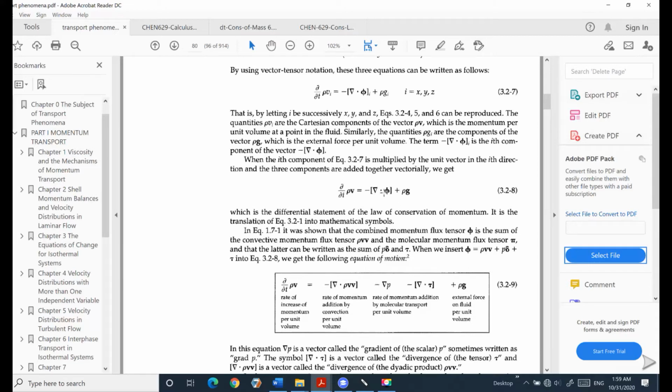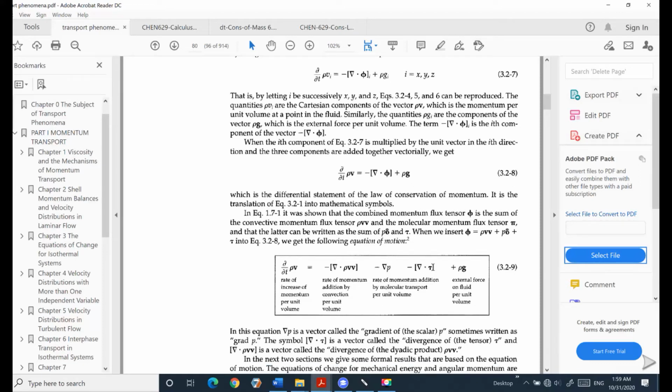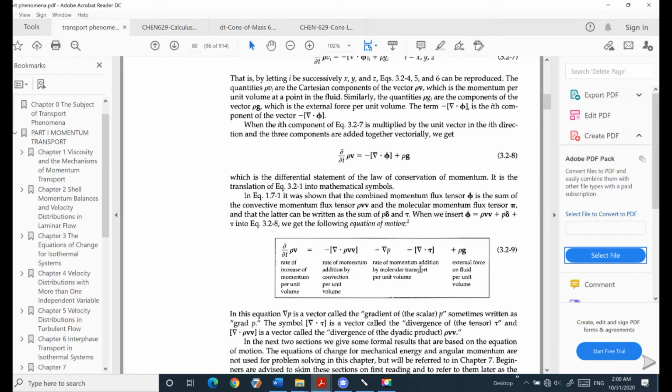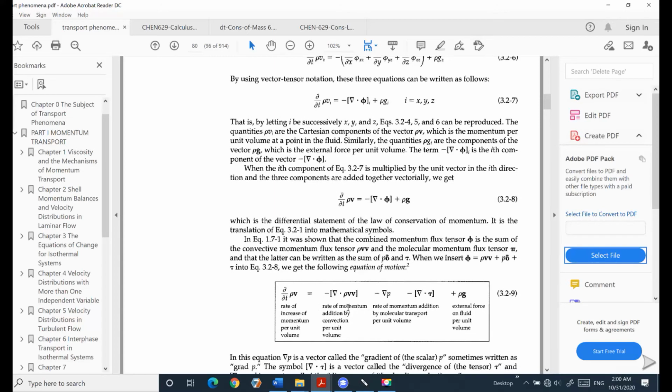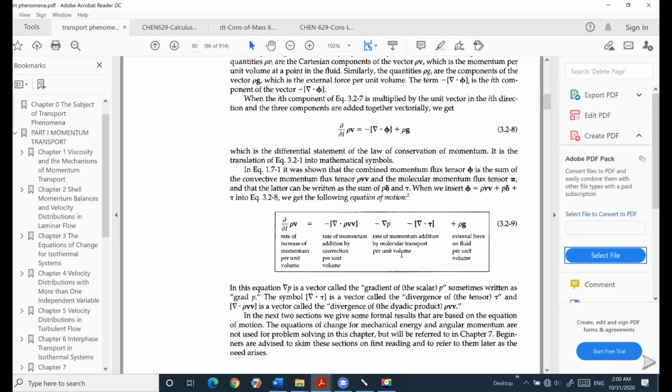Rate of increase of momentum per unit volume is the left side. This is the rate of momentum addition by convection per unit volume. And these two terms represent the rate of momentum addition by molecular transport. We know this from chapter 1. Then the external force on the fluid per unit volume, like gravity. So this is the closed form, and all of this is the open form of the formula.